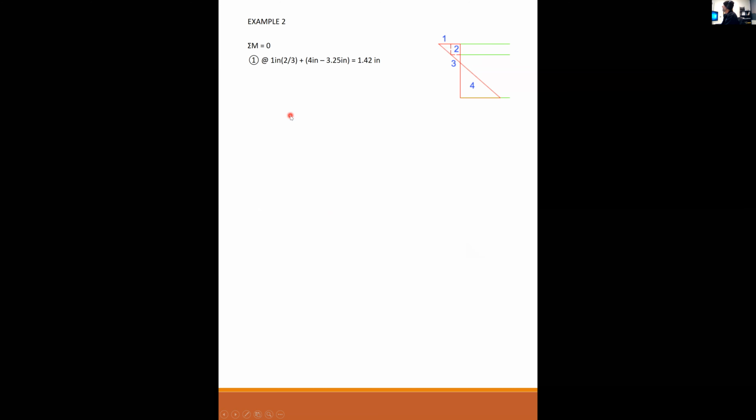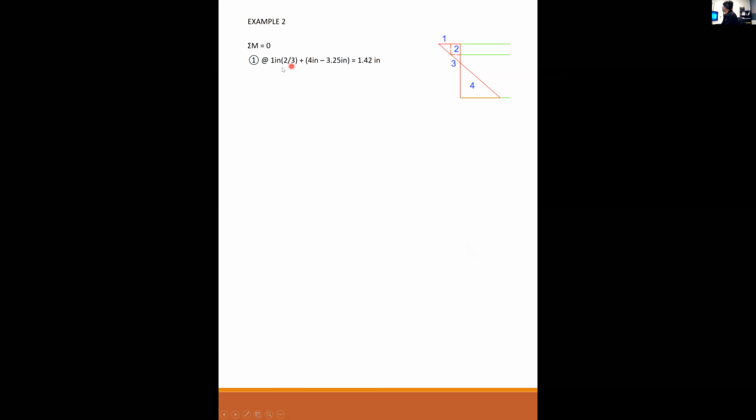Number 1 is 2/3 of a triangle and this is 1 inch high, so 2/3 of that, plus the distance from the underside of the board to the center of gravity, which is 4 minus 3.25.